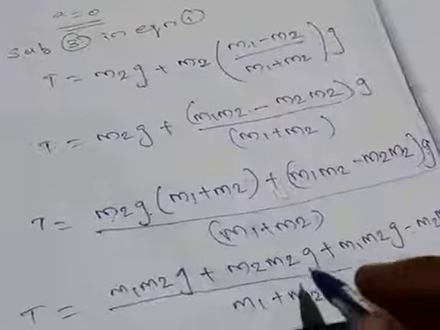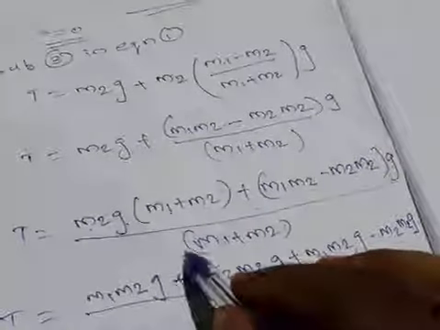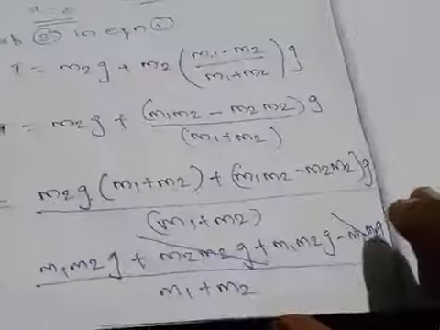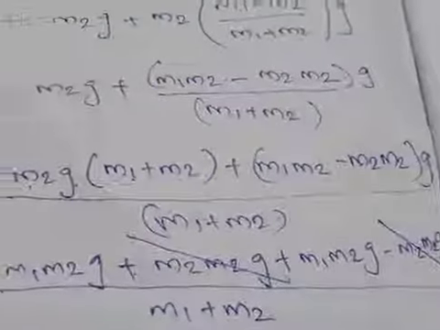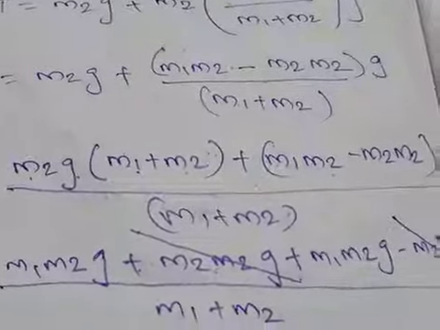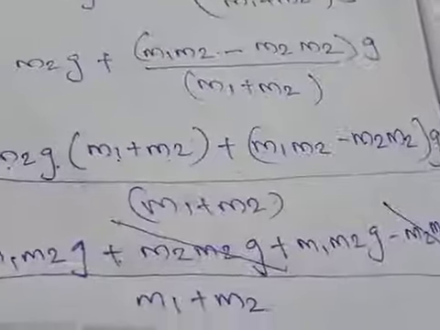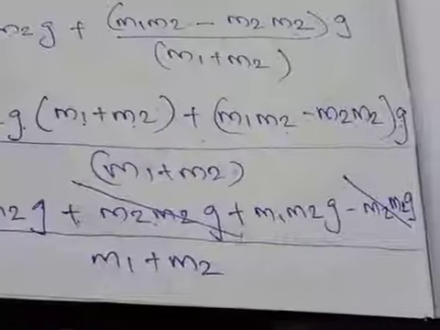Now you see here, M2 M2G plus M2 M2G minus M2 M2G cancel. So remaining is T is equal to M1 M2G plus M1 M2G divided by M1 plus M2.